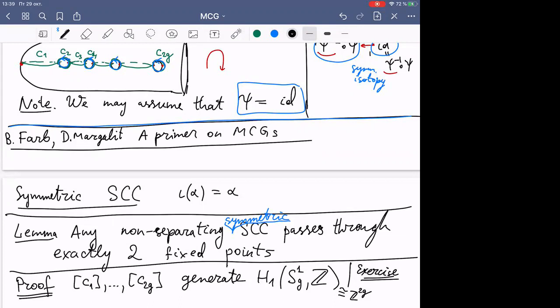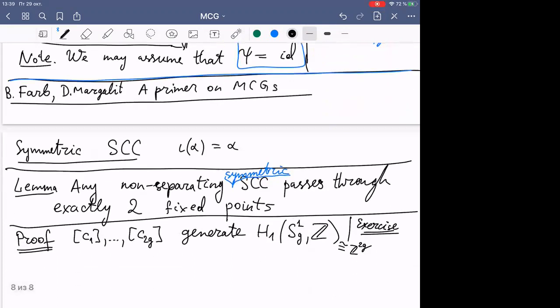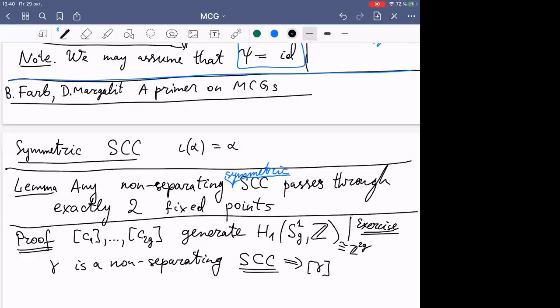Look, hence, let us recall that if gamma is a non-separating simple closed curve, then its homology class is primitive. We have discussed this.